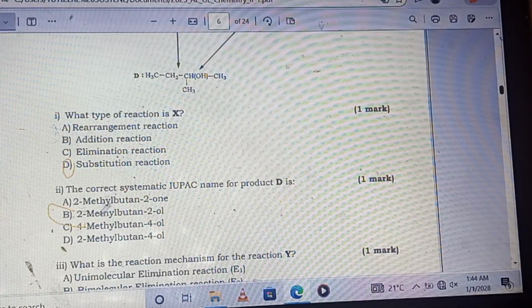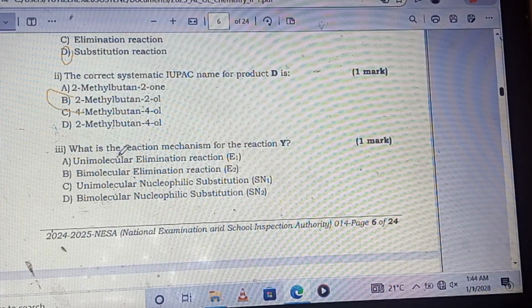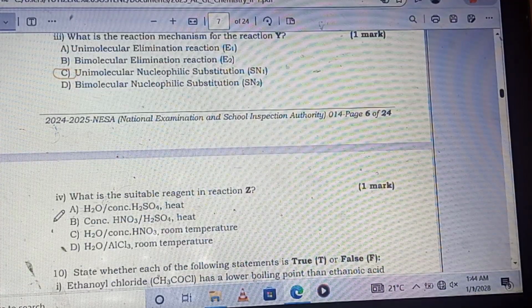That is why you have 2-methylbutan-2-ol. I3, what is the reaction mechanism for reaction Y? The correct answer is letter C, unimolecular nucleophilic substitution, SN1.